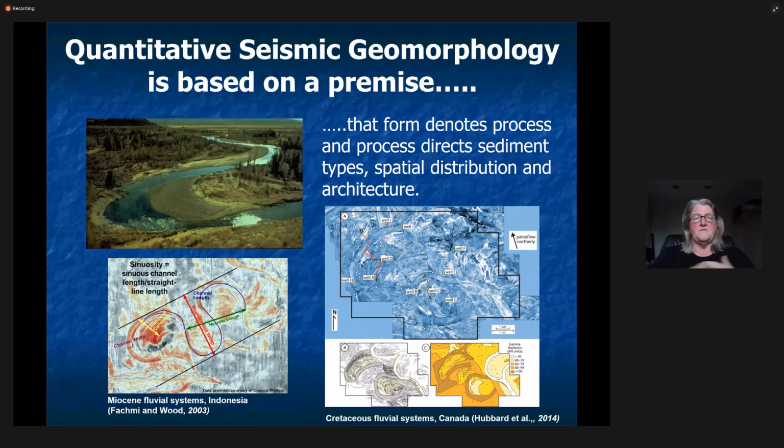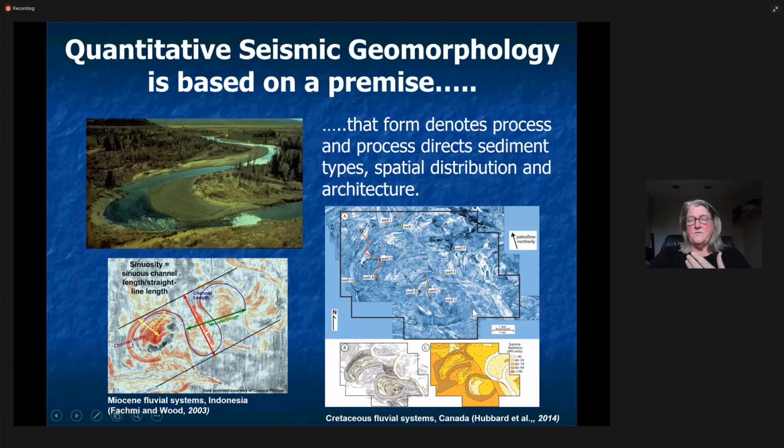And so quantitative seismic geomorphology is based on a premise that form denotes process, and that the process directs the sediment types and the spatial distribution and the architecture of the system. So I can go in and look at the architecture of the fluvial system and whether I have chute cutoffs or neck cutoffs, and I can say something about whether it's a coarse-grained or fine-grained system.